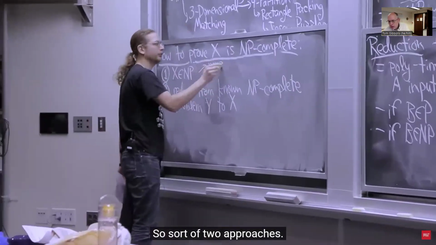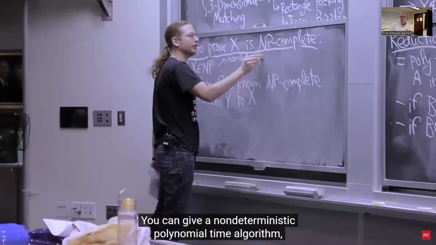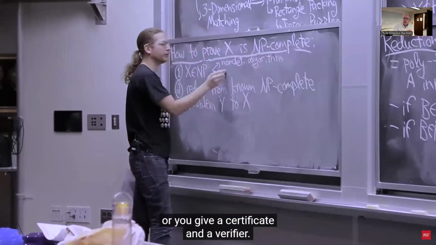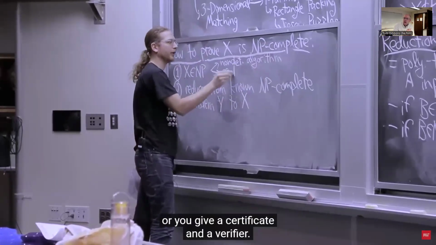So you do one of those two things: give a non-deterministic polynomial algorithm, or you give a certificate and a verifier.